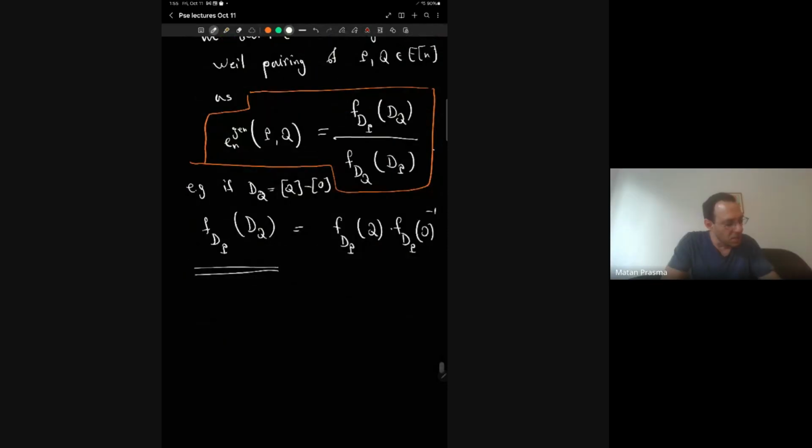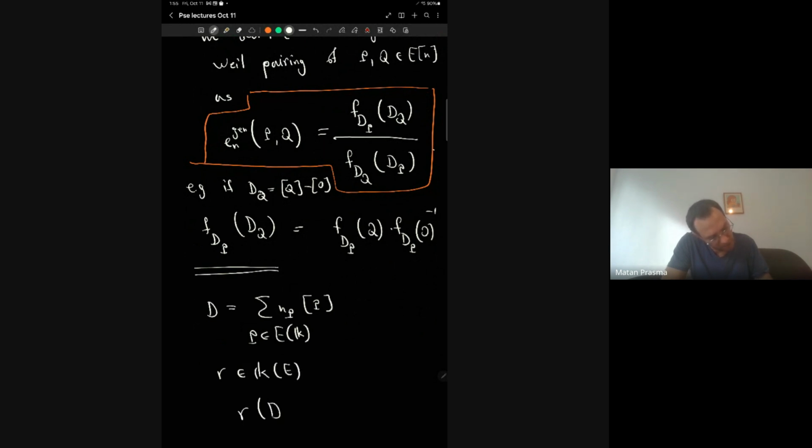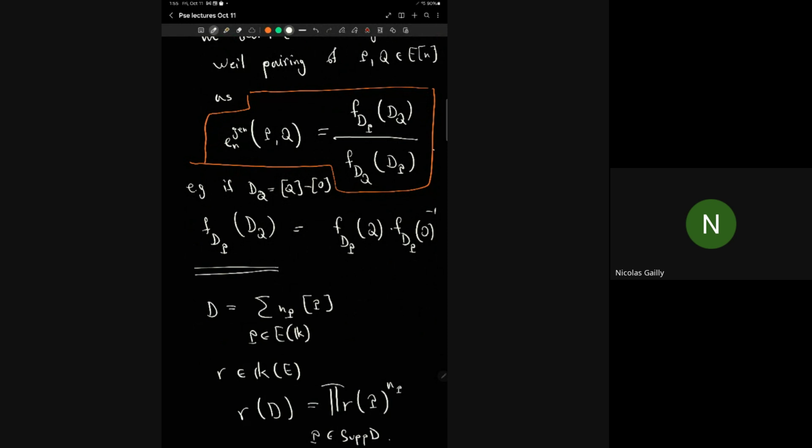The general definition is: if D is the sum of NP times the bracket P, and R is some rational function, then R evaluated at D is the product of R of P to the NP, where P runs over the support of D. So the minus 1 comes from the NP, because it's the 0 point with coefficient minus 1.